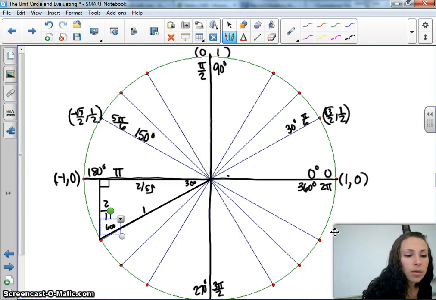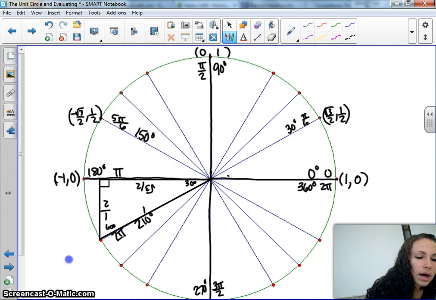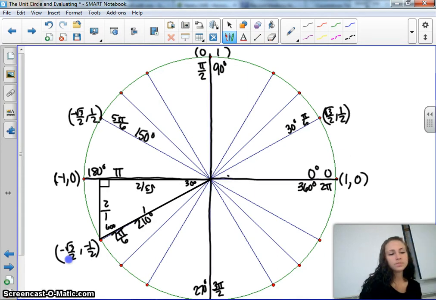So this is going to end up being 210. And if I change that to a radian, that's going to end up giving me 7 pi over 6. And then the coordinate right here is going to be negative square root of 3 over 2 and negative 1/2.